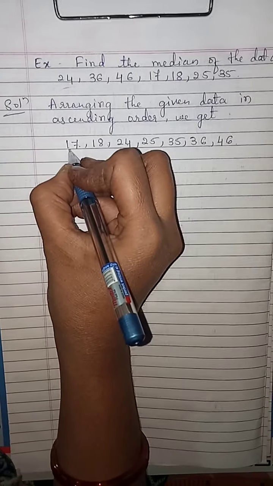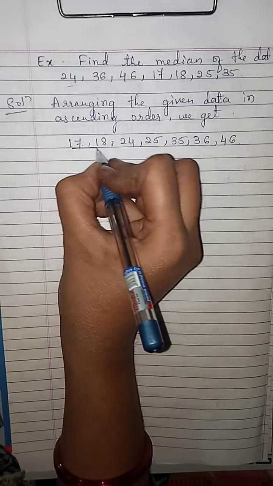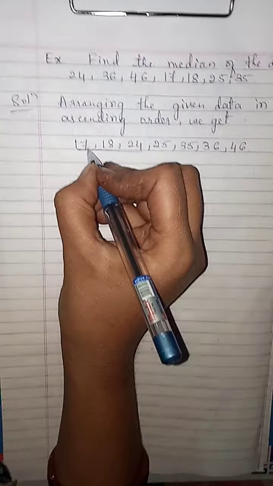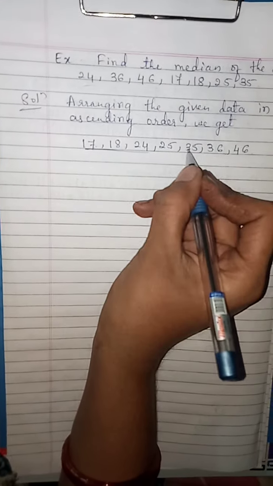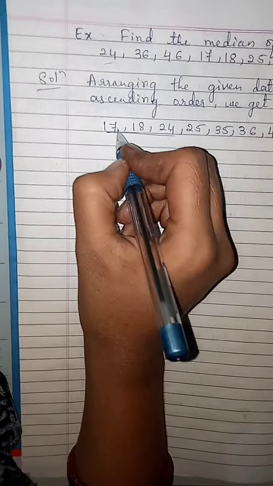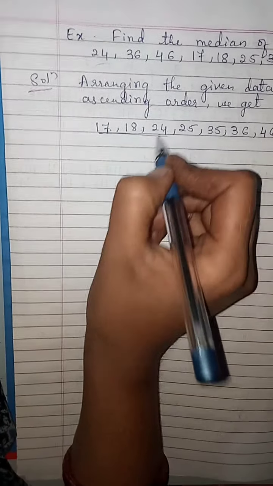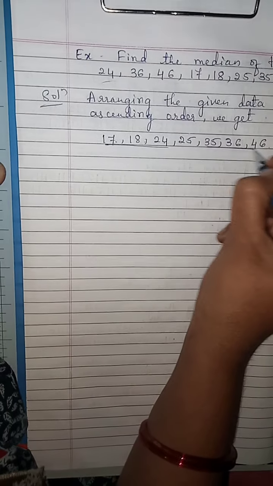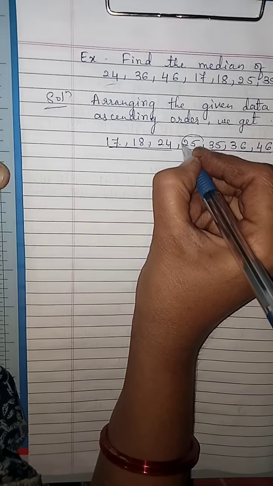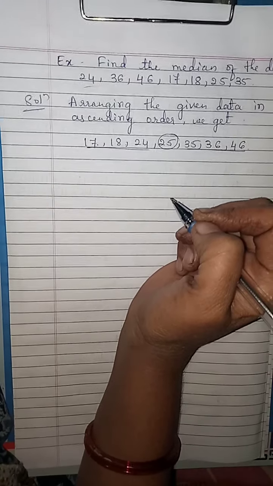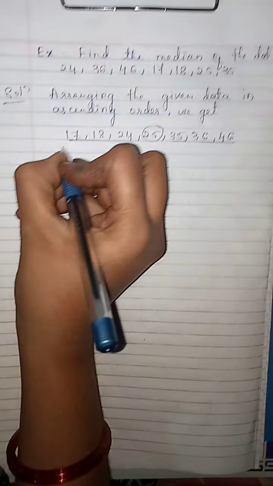See here. So it is not 8, children. There are only 7 observations. See here, 3 and 25 is the middle observation.